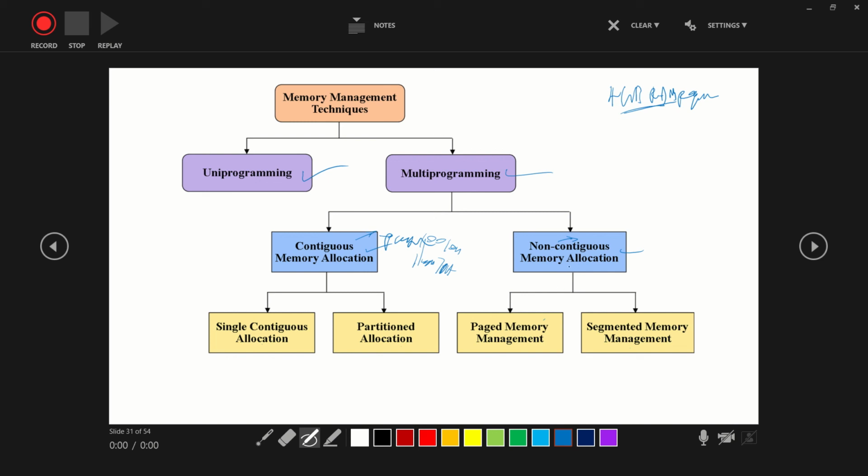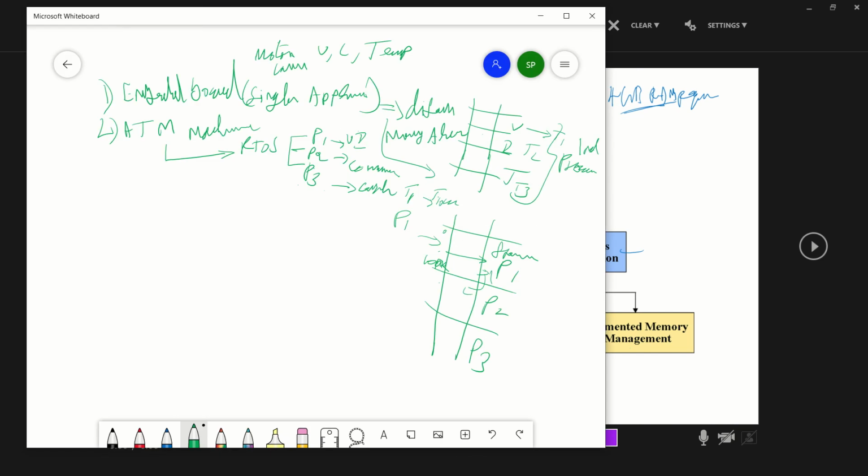But in non-contiguous memory allocation, I have memory space for P1 of 10K, P2 of 25K, and P3 of 25K. So 25 plus 25 is 50, and with 10K that is 65K. Into this 65K I am also going to allocate another process, the P4 process.